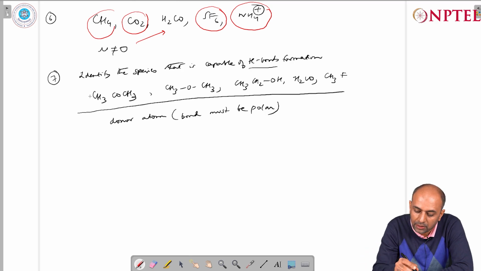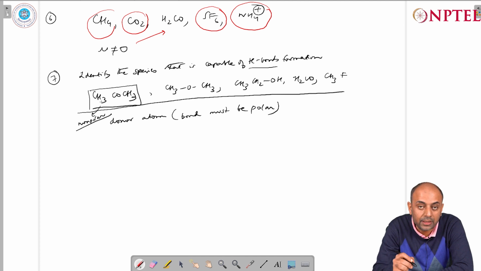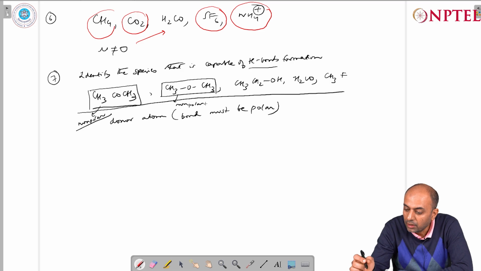Now in this case, this is a ketone, acetone. It does not have very polar OH groups. It essentially has non-polar CH groups. This is ether. This also has got non-polar CH groups. This is ethanol. It has got a polar OH group.